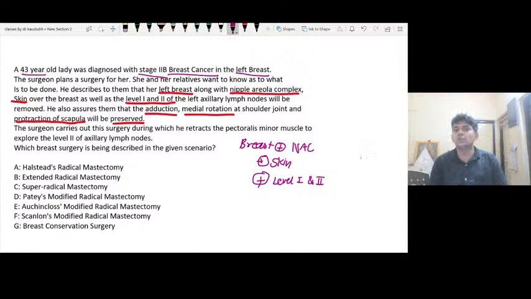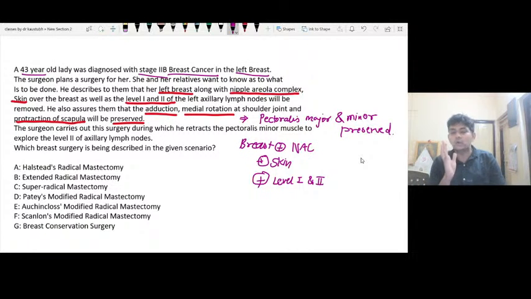Now, in relation to breast anatomy, what are they talking about here? So this line actually points towards that pectoralis major and minor will be preserved, right? So this basically means that pectoralis major and pectoralis minor are going to be preserved. So that is what we need to know.